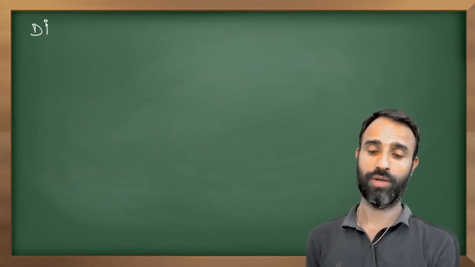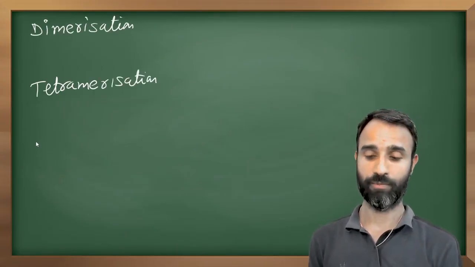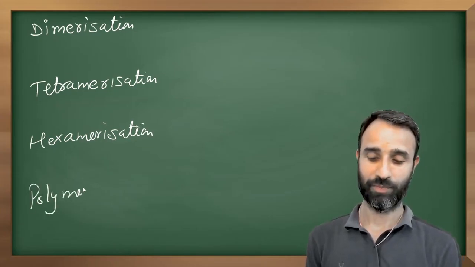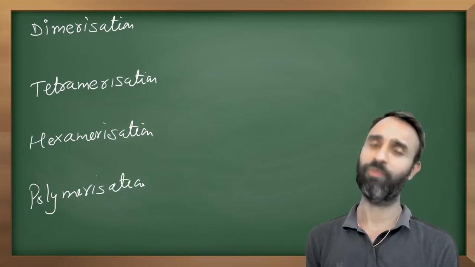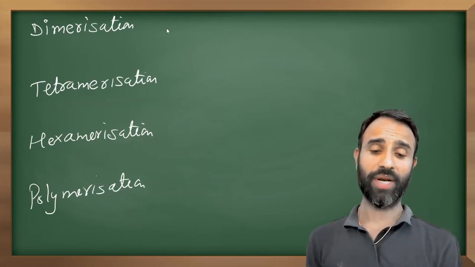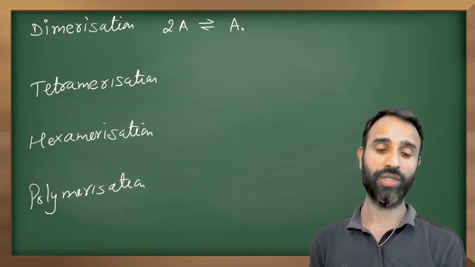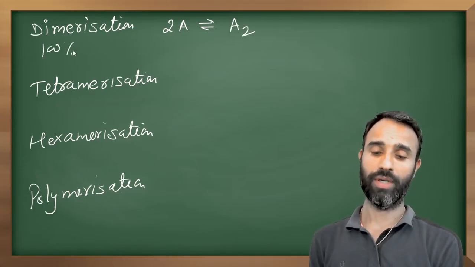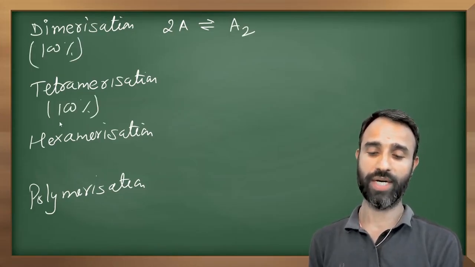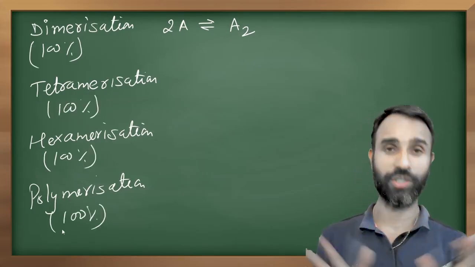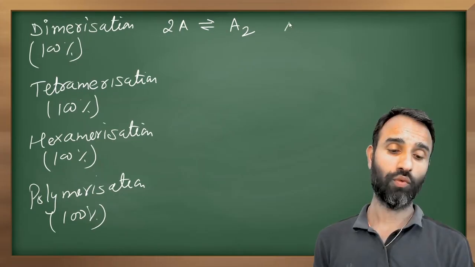Now, dimerization, tetramerization, hexamerization, anything, any polymerization. In dimerization, two particles associate to give one particle. If 100% dimerization, tetramerization, hexamerization, or polymerization takes place, what is I for it?